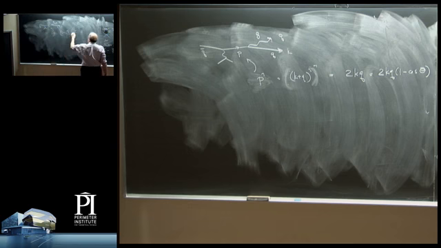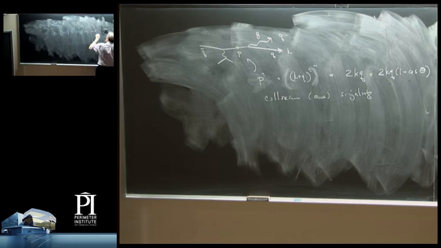I'm in the high energy limit. This is 2k dot q, which is equal to 2kq times (1 minus cosine theta), where theta is the angle between them. Well, now you see something very interesting. If cosine theta equals 1, which is to say the quark and the gluon are parallel, this quantity is 0.